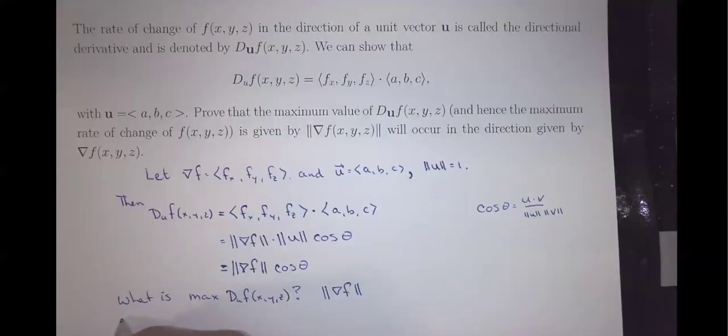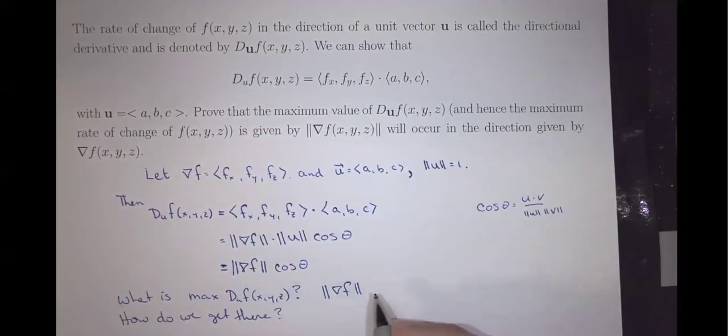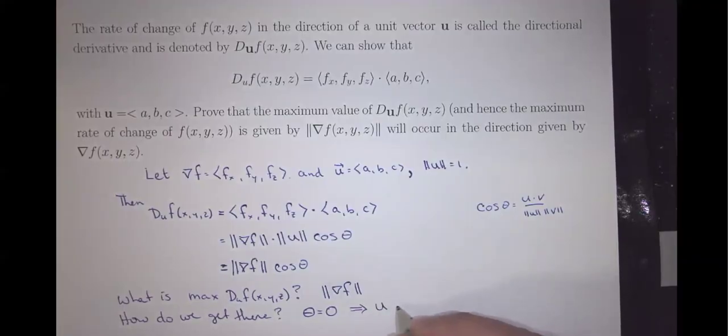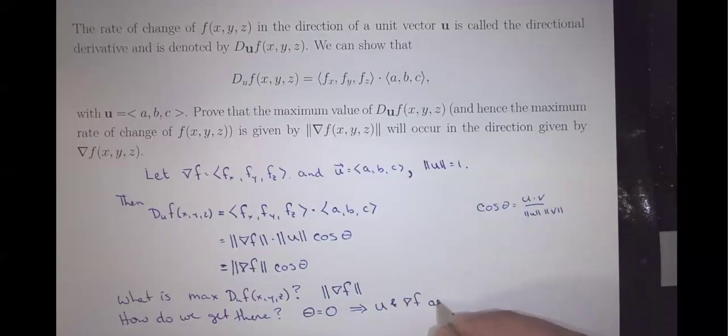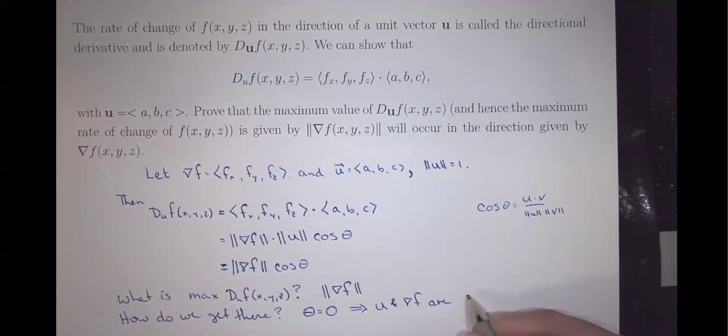And how do we get there? Well, theta is equal to 0, right? Because cosine theta is equal to 1, so theta has got to be equal to 0, which means u and the gradient of f have angle 0, or are parallel.